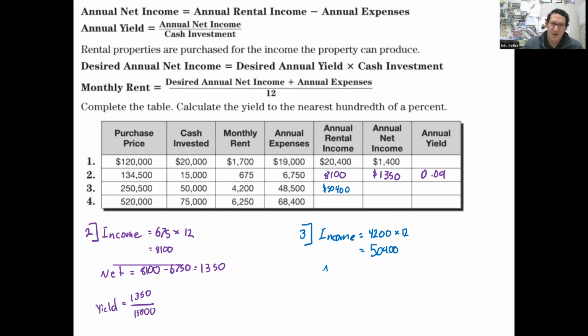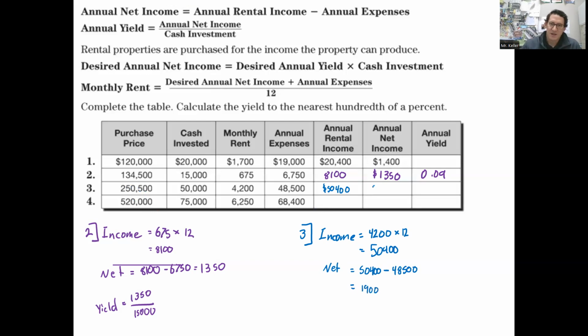So the net income on that, we do 50,400 minus the annual expenses. Whoever took this out must have a really large mortgage on it, because that's really expensive for a house that's only 250,000. So minus 48,500, that comes out to 1,900.